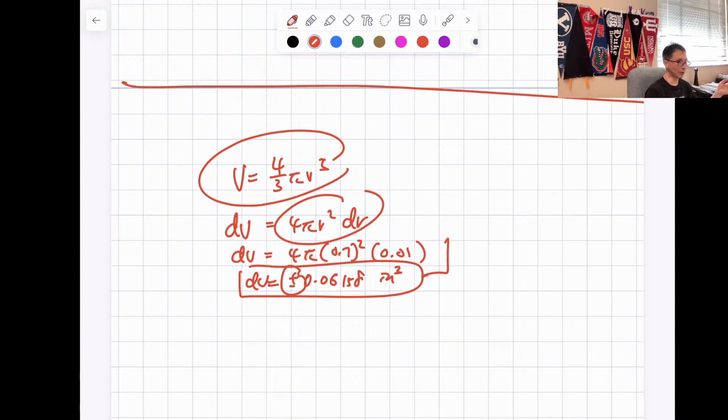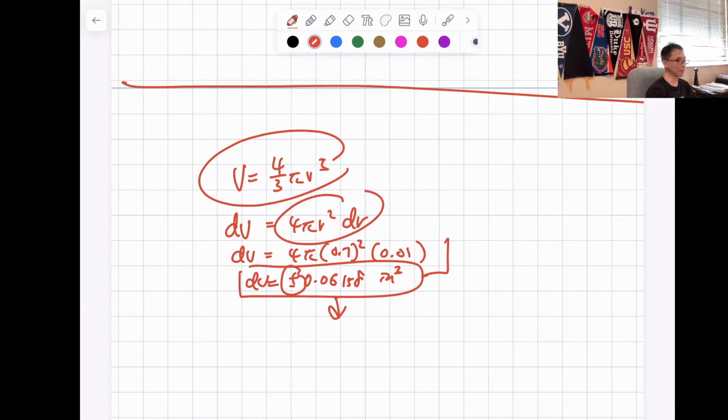Now, sometimes on the older style AP exam questions, they do ask you about the relative error and the percentage error. Percentage error is basically this divided by the total volume. If you divide it by the total volume, that's going to be a percentage error, right? Let's say the total volume is 10, then you take the small error divided by the total volume.